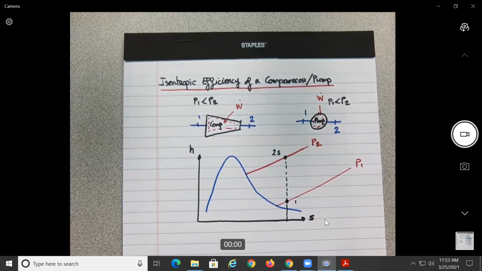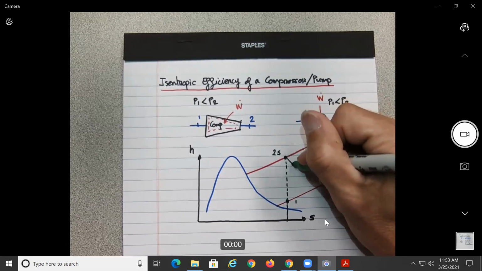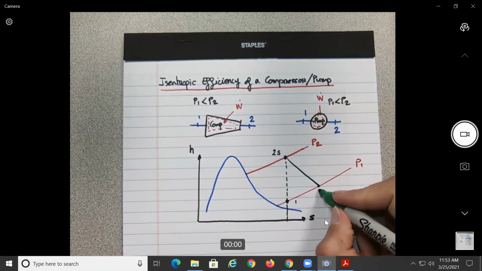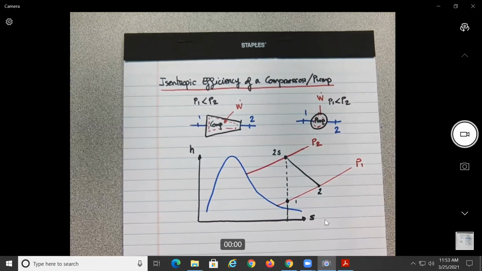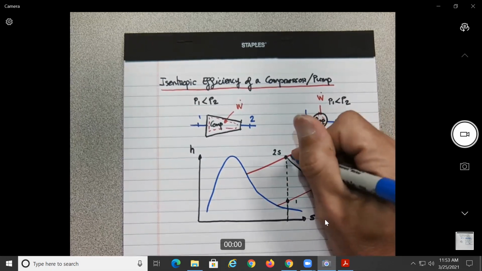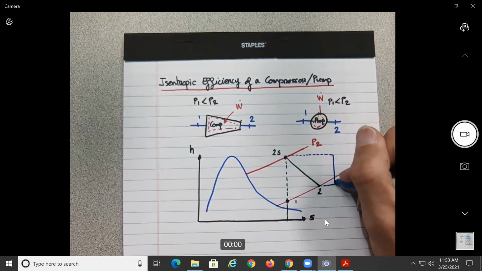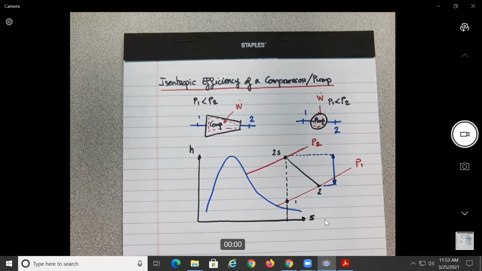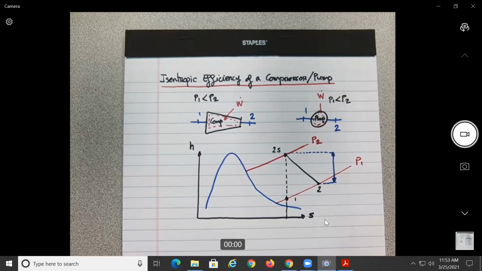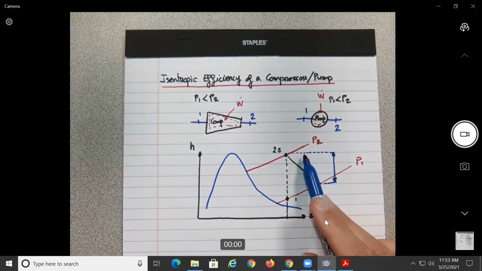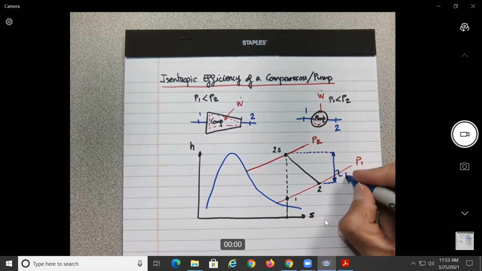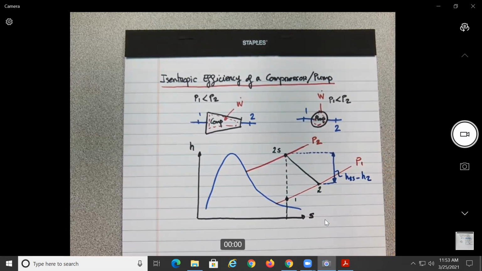Now, obviously, if something is not perfect, what happens? The entropy increases. So the 2 will be over here. Be careful, because it's reversed from before. Now the change of enthalpy here should be equal to what? H2s minus H2, no?